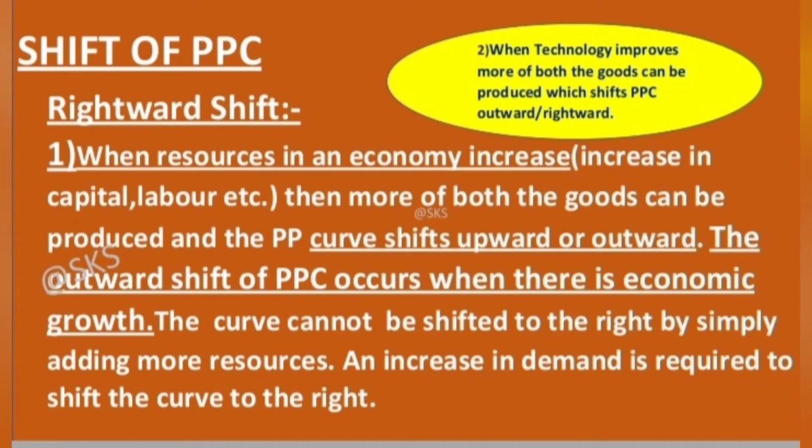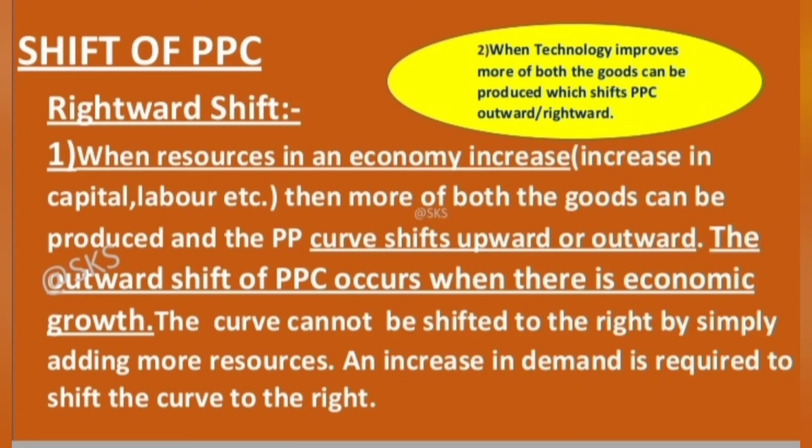As you have seen just now, rightward and leftward shift of PPC occurs when there is a change in the resources. It may increase or decrease. When the resources increase, PPC shifts rightward.